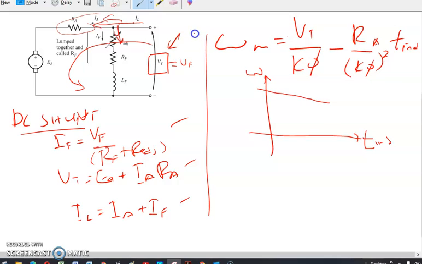Usually if we attach a heavy load to the source, the VT tends to drop. But for this kind of trend, we assume that the VT is fixed and constant. If it is not constant, the voltage variation will affect the shape of the torque speed curve.